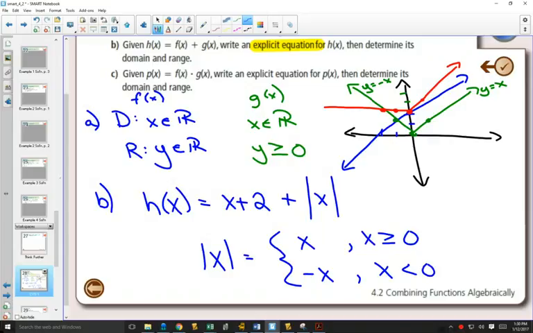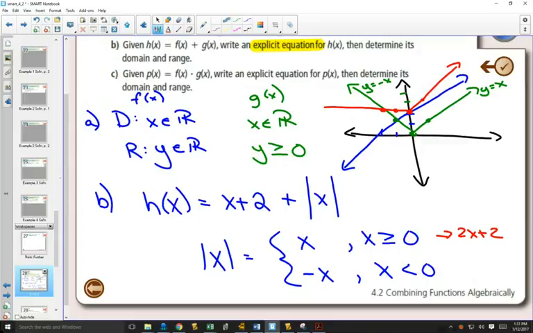This is called a piecewise function when it's written this way, because you can describe it by graphing it in two pieces. If you want to do the algebra for your piecewise function, can you see that our final red graph, when x is bigger than 0, if this was x and you added x plus 2 plus x, can you see that you would get 2x plus 2, which would be a line with a slope of 2 and a y-intercept of 2.